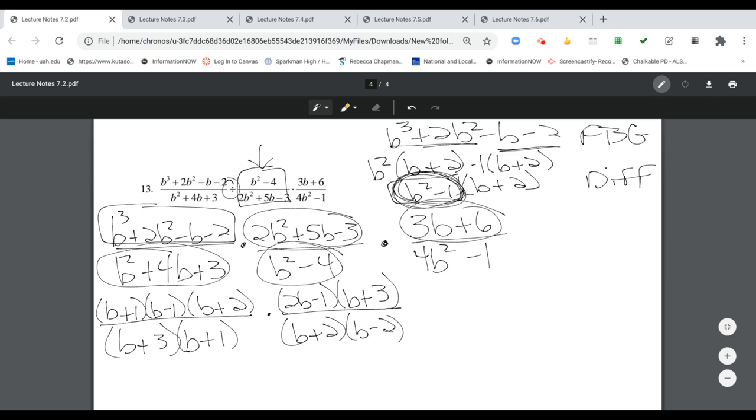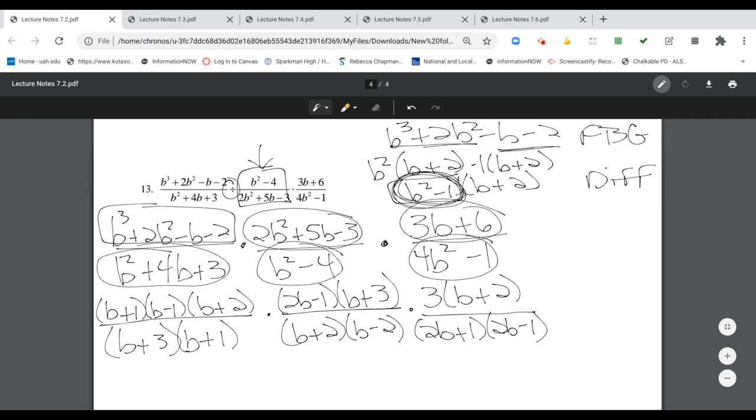When I factor this numerator, I can take out a 3, and that gives me b plus 2. When I factor my last denominator, that is a difference of squares, so it's 2b plus 1, 2b minus 1. So lots of different factoring. Factor by grouping, difference of squares, trinomials, greatest common factors, lots of stuff going on.